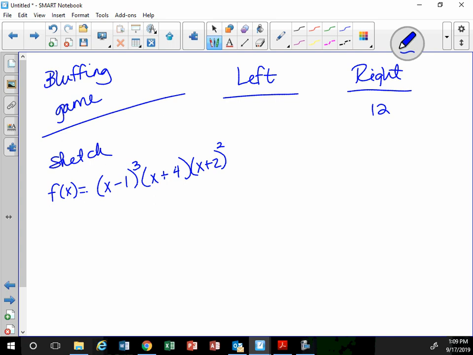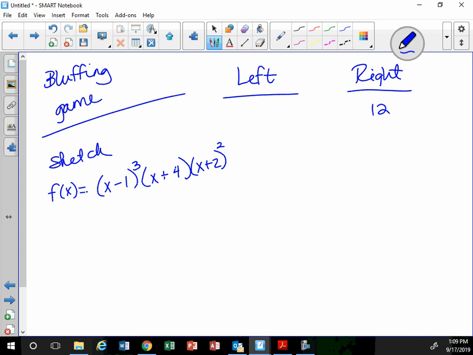Okay, left side, stand up. I don't think you guys have quite as many people, so we'll give you a bonus 10. No, there aren't 10 people standing.